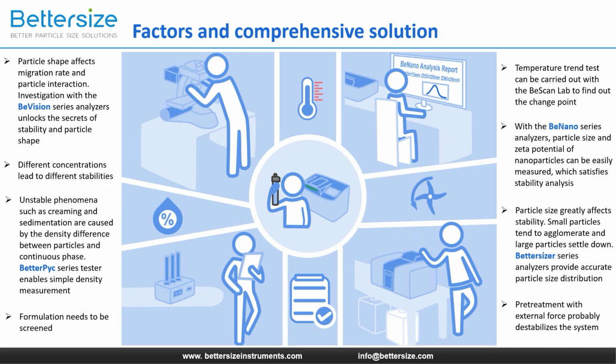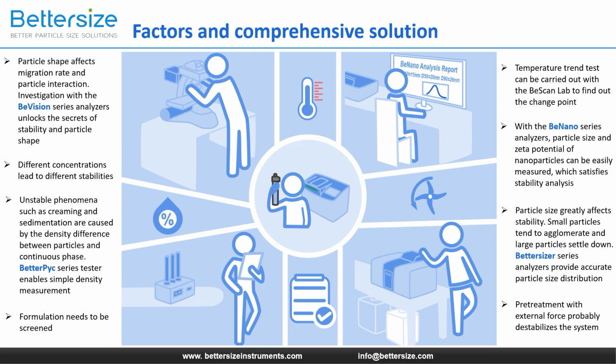At last, I will make a summary. We can use BeScan to analyze the stability of the dispersions. And we know that many factors can affect the stability, such as particle size, density, zeta potential, and the temperature. If the results of the stability analysis are not so good, we can use other Bettersize instruments to find out the problem.